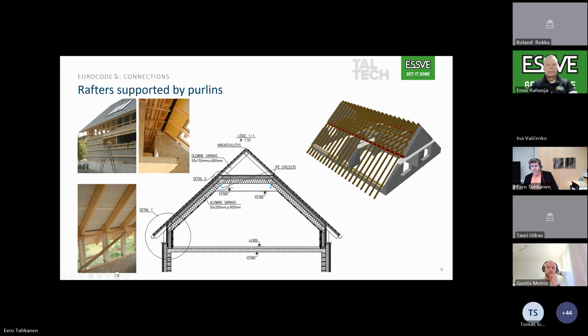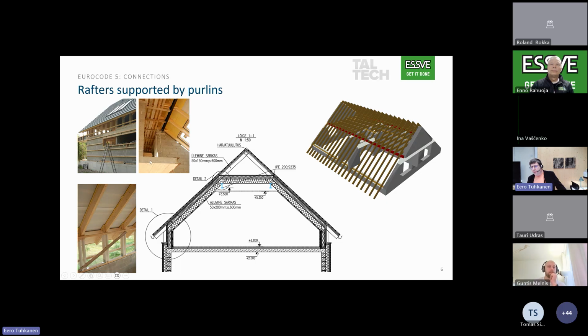One example of how to handle this problem is that we can support the rafters by purlins. So here we have, for example, two steel beams. On the right side, you can see the other building.